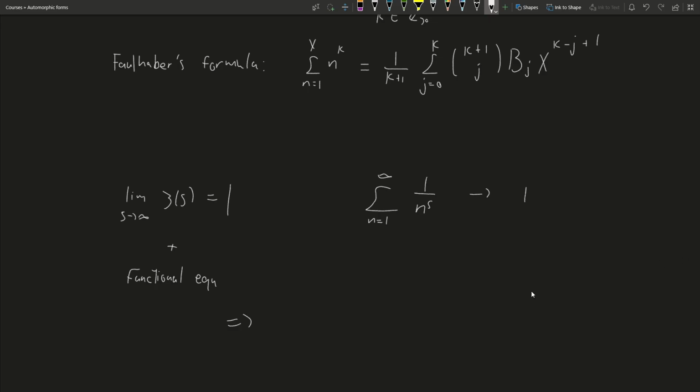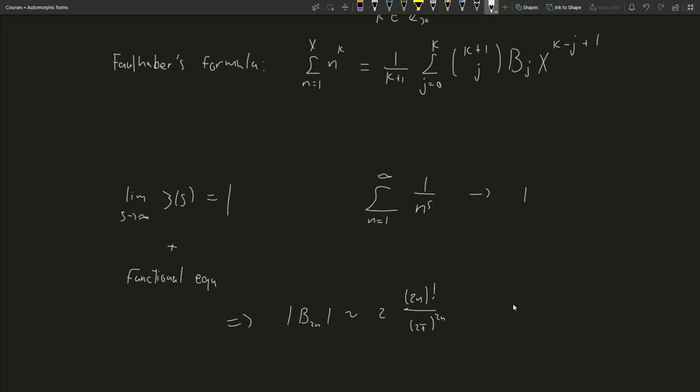That the absolute value of the 2nth Bernoulli number is asymptotically 2 times 2n factorial over 2 pi to the 2n. Okay. And in particular, these eventually get quite big, right?